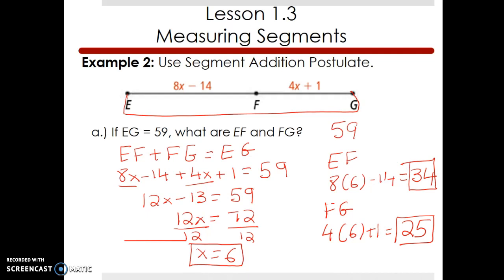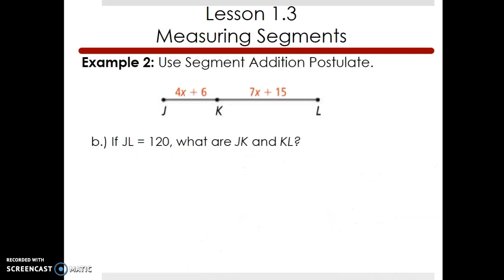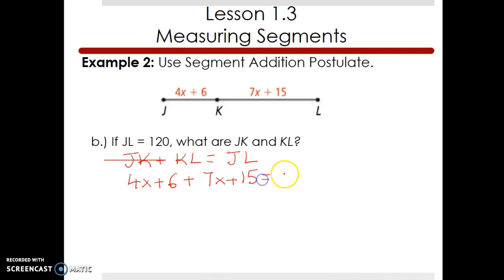B is a very similar problem, so I want you guys to try it before I go over it. B is the same idea, so you know that JK plus KL equals JL. That means 4x plus 6 plus 7x plus 15 equals 120, because it told you JL is 120, right?